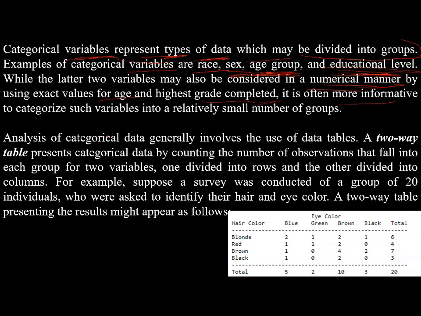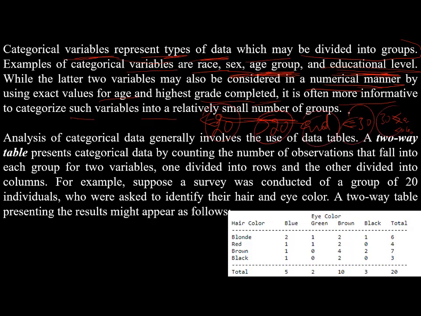It is often more informative to categorize such variables into a relatively small number of groups, that is, age less than or equal to 20, age greater than 20 and less than or equal to 30, greater than 30 and less than or equal to 40. Such groups have to be formed, and this is how you can group categorical variables.